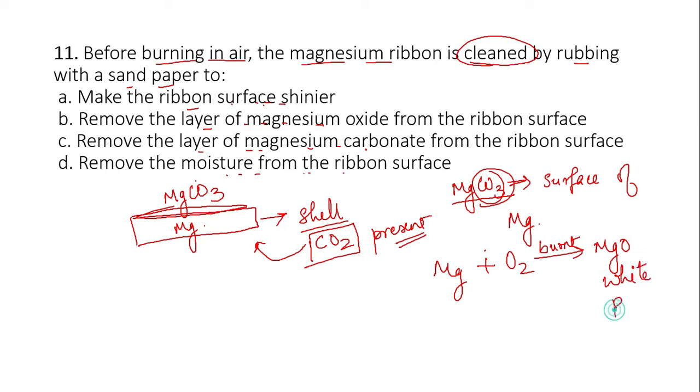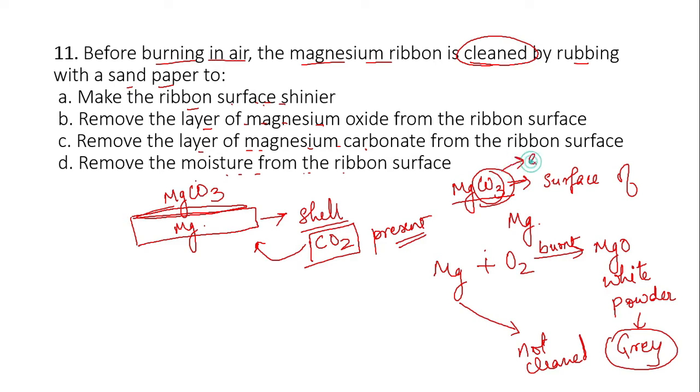Instead of this white powder, we will actually get grey powder if the ribbon is not cleaned, because it will start releasing this carbon, okay? The color of carbon is black, and this black color mixed with white powder gives you grey color. We want this magnesium oxide only.